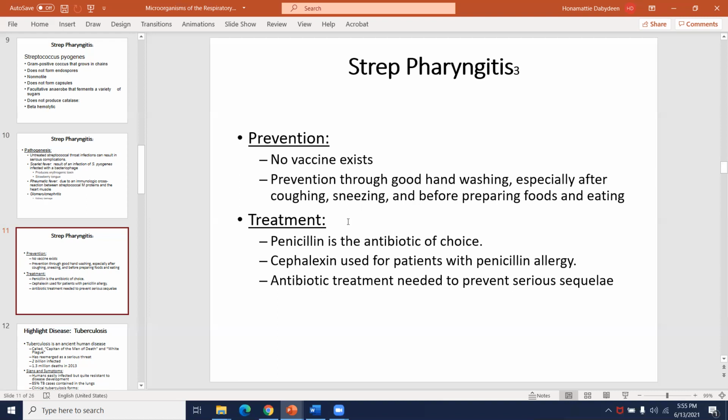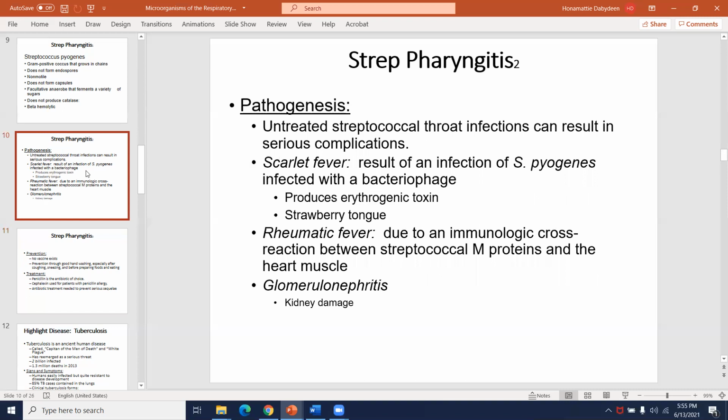Antibiotics are definitely needed to prevent serious sequelae. Remember what we talked about the disease itself. If left untreated, you can end up with scarlet fever, rheumatic fever, and glomerulonephritis.